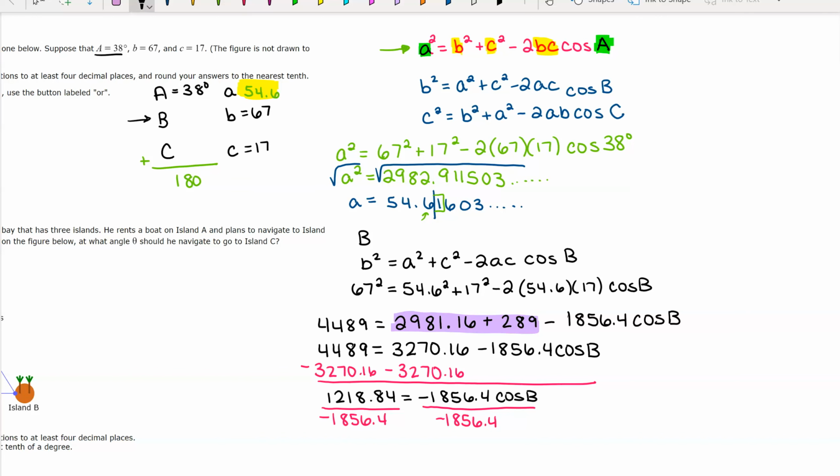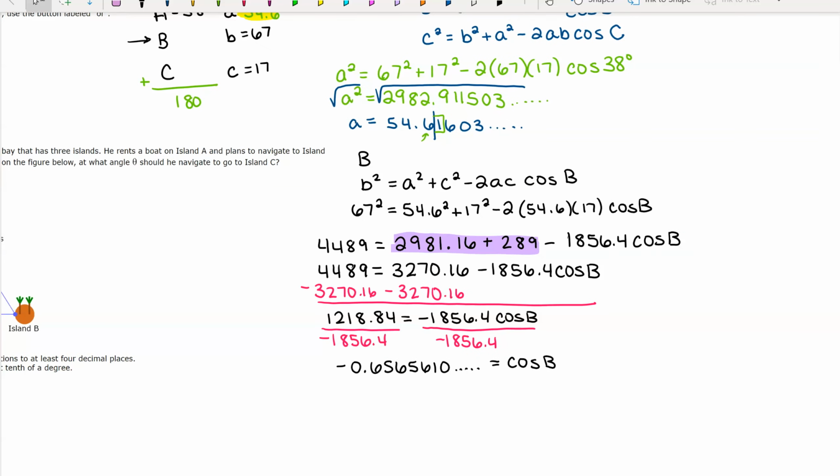So I've got negative 0.6565610 stuff equals cosine of B. And now to get B, I have to use cosine inverse. So I'm going to do cosine inverse of this long decimal, negative 0.656561 stuff. All the stuff is going to be in my calculator when I do it.